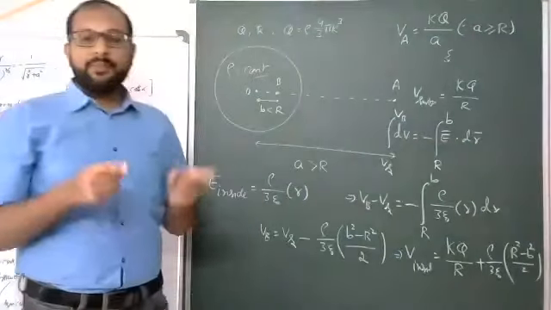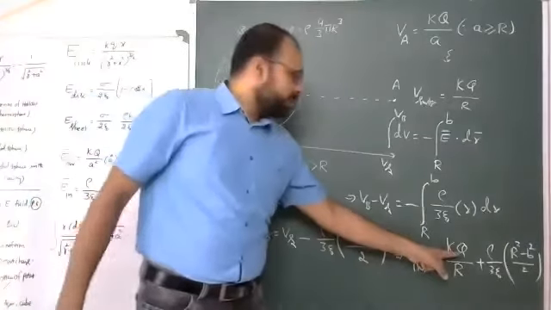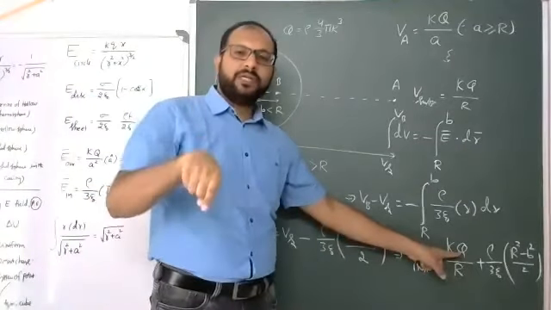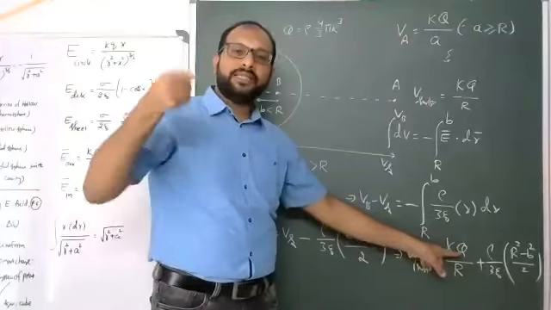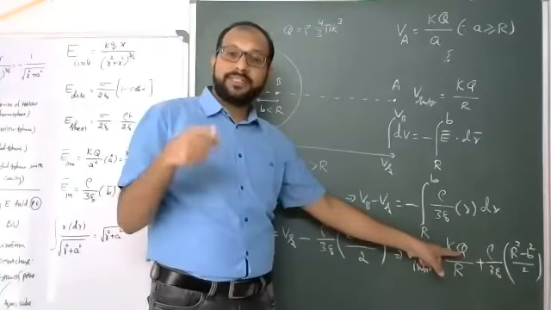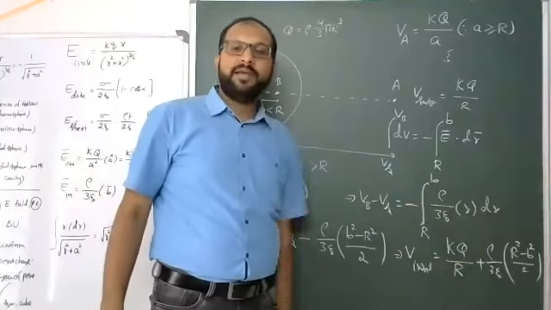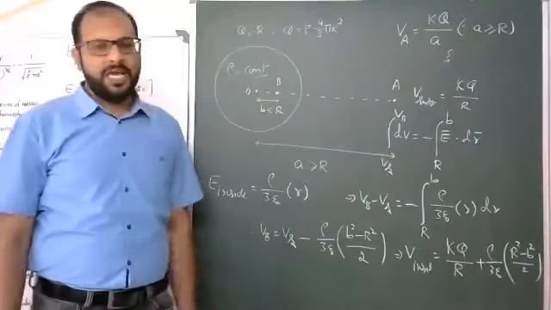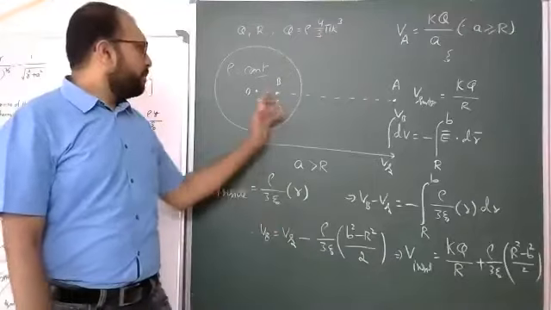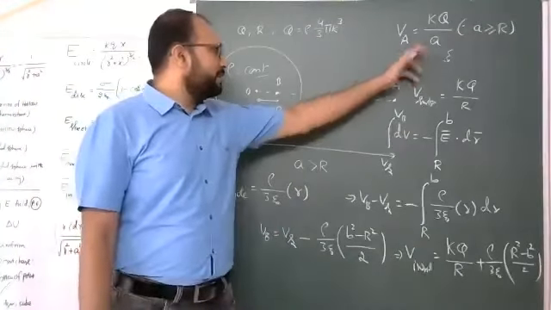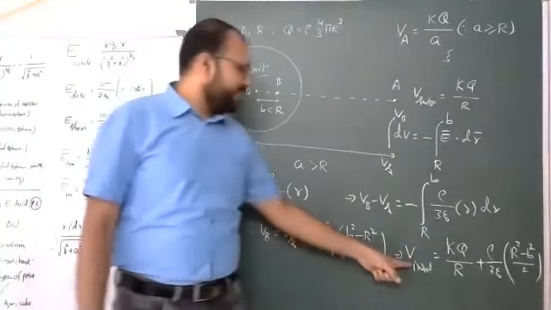Students, suppose the examiner gives rho, this Q you need to change: Q equals rho into 4 by 3 pi R cube. Suppose now the examiner gives Q, then rho equals capital Q divided by 4 by 3 pi R cube. So this is the outside potential, and inside potential is this.